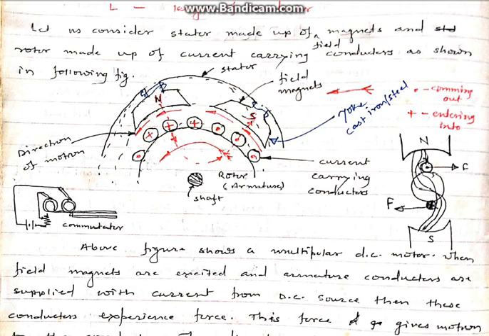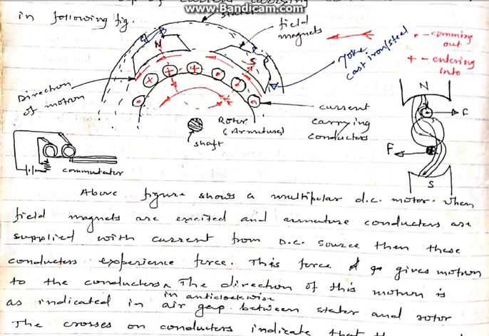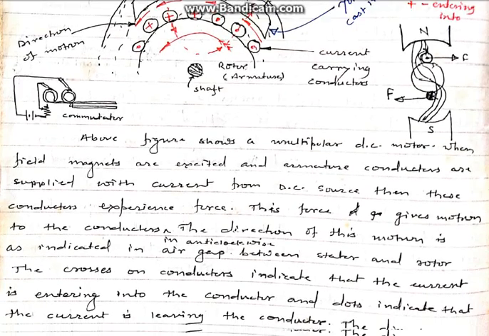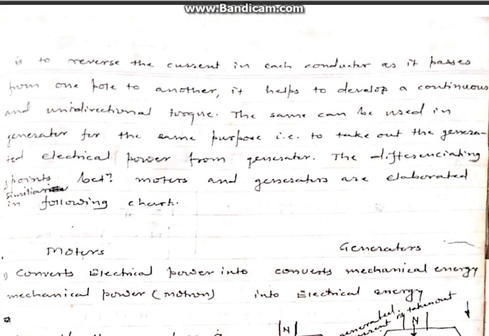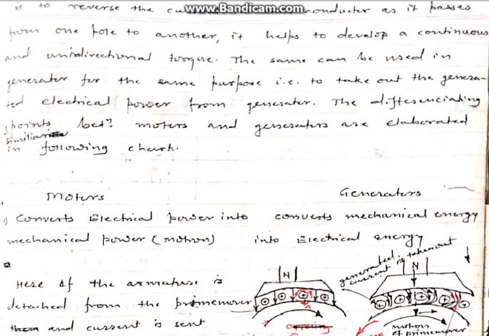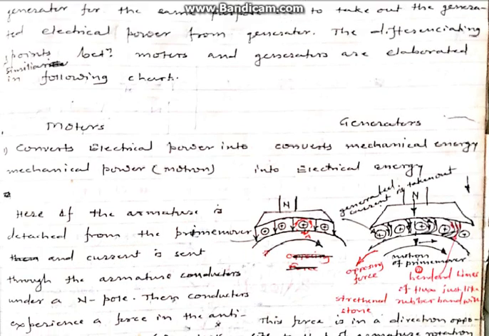And that force is directly proportional to the flux density, current flowing through the conductor, and the length of the conductor. In this fashion, the rotor rotates because of the force acting on the conductor, and the direction of force is given by Fleming's left hand rule. So this is the working principle of DC motor.